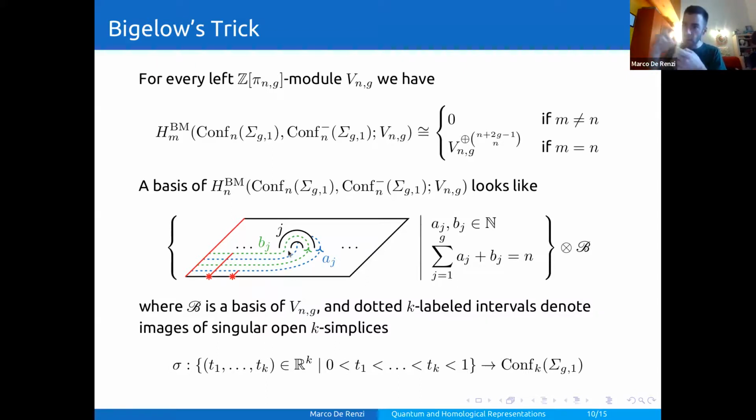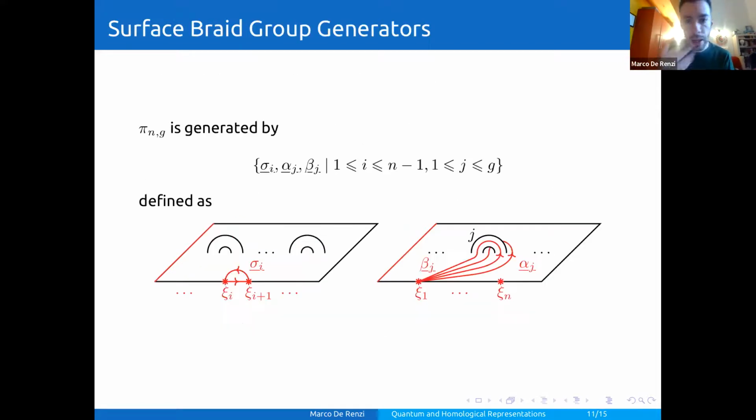And I claim that this choice specifies uniquely how to lift, and so how to interpret this picture as representing actually a simplex in the universal cover and not just in the configuration space.